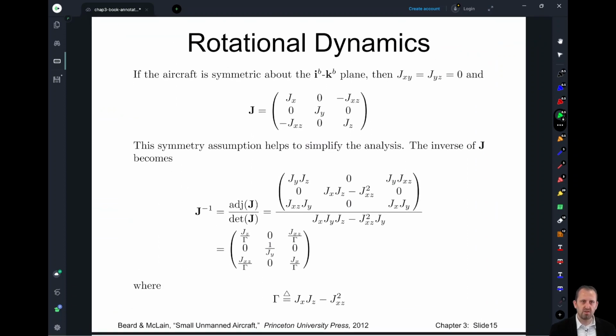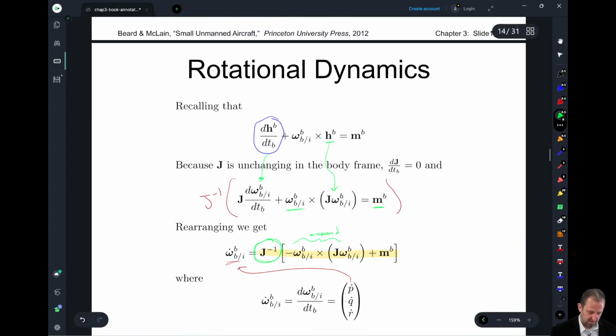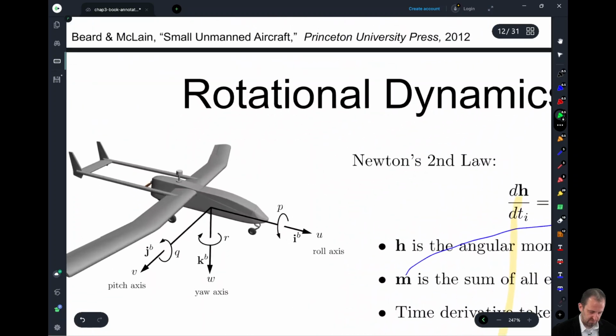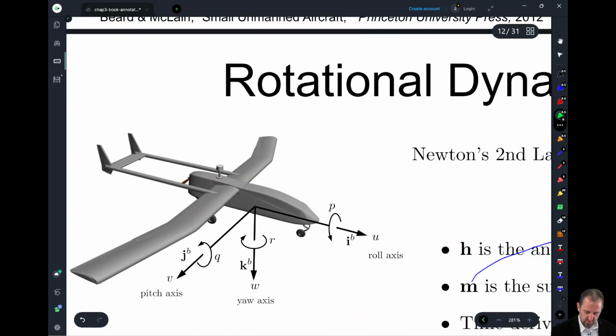If we look at our aircraft, it's typically, almost always, symmetric about the IK plane. So if we pull up our aircraft, all this is doing is defining a plane that's cutting our aircraft down the middle.